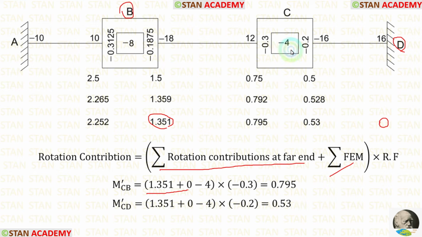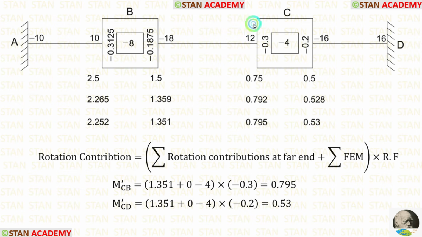The summation of fixed end moments is minus 4. Let us apply that. The rotation factor for CB is minus 0.3. The rotation factor for CD is minus 0.2. Finally, we are getting m dash CB and m dash CD. Let us apply the values here. Finally, we have made the third cycle.